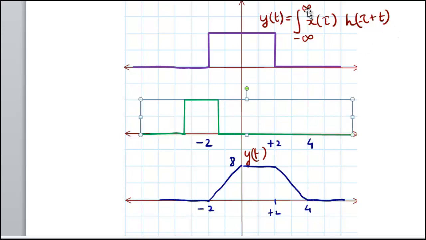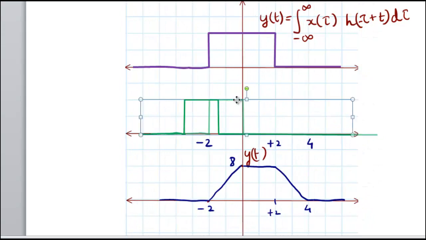For each and every small value of t, for the whole tau we are going to multiply the signal and integrate. That means we are going to find out the area of the multiplication, and that value will slowly go from 0 up to 8 once this signal reaches here.